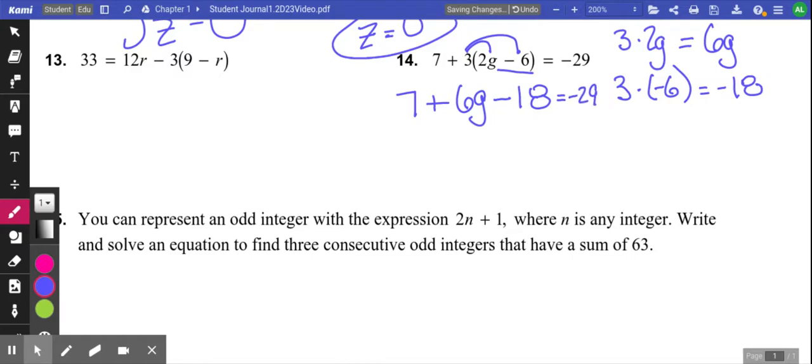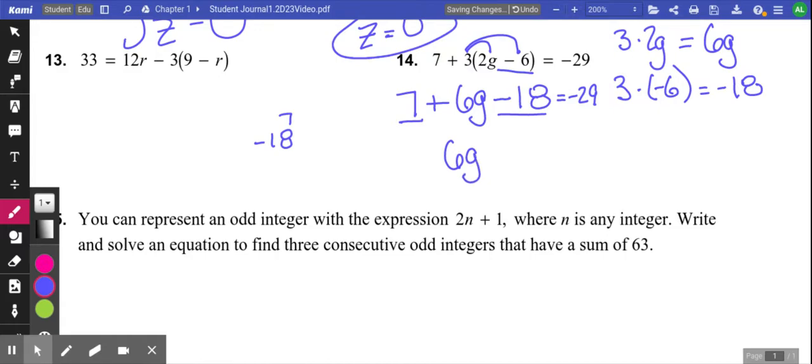All right, we want to simplify this side. So that means we did the first step, we got rid of the parentheses, but now we need to combine any like terms. We've got a 7 and a negative 18 here. They're both constants, they're both just numbers, so we're going to combine those. 7 minus 18, we're going to end up with negative 11.